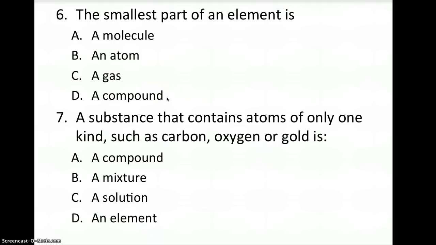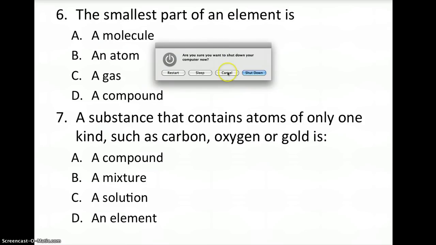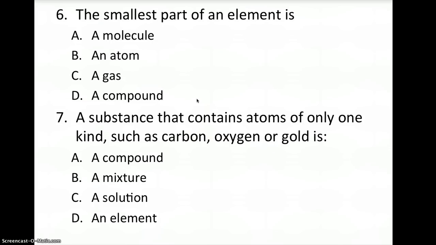Number 7, a substance that contains atoms of only one kind, such as carbon, oxygen, or gold is, so a substance that contains only atoms of one kind would be a compound, a mixture, a solution, or an element.